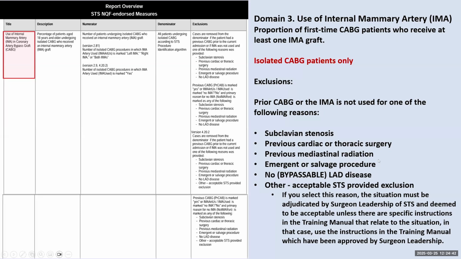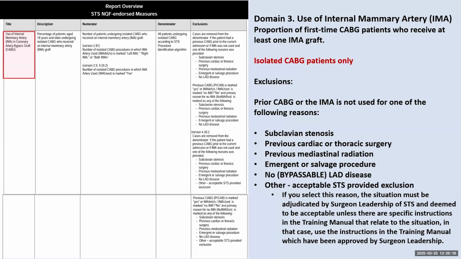Emergent or salvage procedure. I get lots of questions about this one, and I think the main reason is because it's easy if you're going in and it's an emergent or salvage procedure, like you're going in there and it's an emergency. But if you get in there and oops, something happens or the patient crashes, and so they didn't enter the OR as an emergent salvage procedure, but then after they get in there, things go south, and the doctor says, okay, I can't take the IMA.